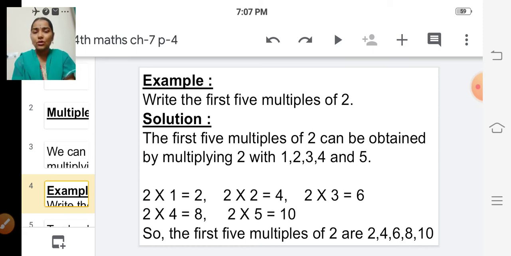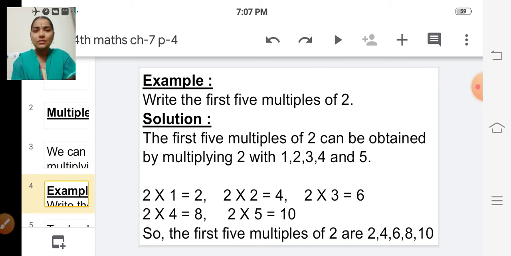So we can stop with 2 into 5. And another method is we can skip count by 2. So 2, 4, 6, 8, 10. So directly we can write the multiples by skip counting by 2. Or otherwise, we can use the method of the number into counting number.